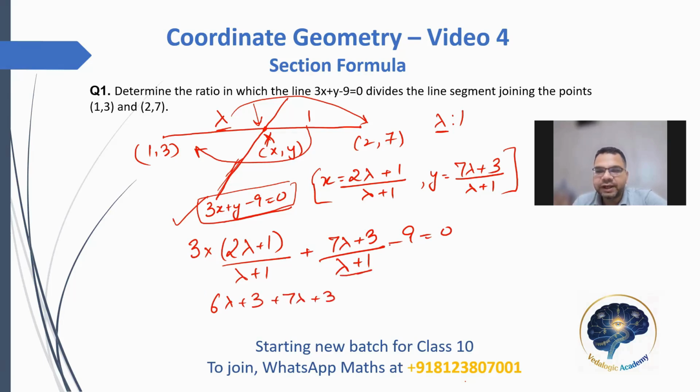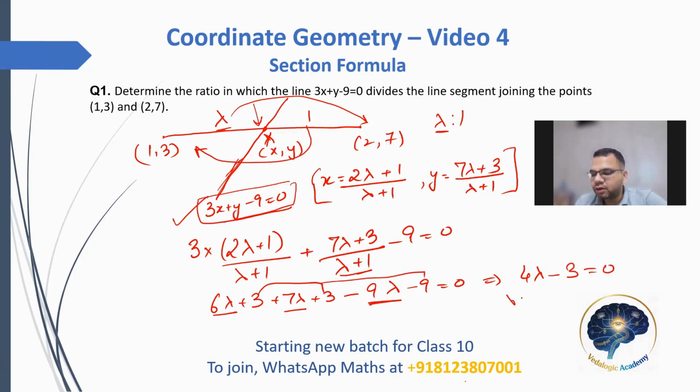And this lambda plus 1, I can multiply it with 9 and take it to the right hand side. So it becomes minus 9 lambda minus 9 equals to 0. So this becomes 6 plus 7 is 13. 13 minus 9 is 4 lambda. Again, 3 plus 3 is 6, and 6 minus 9 is minus 3 equals to 0. So lambda becomes 3 by 4.